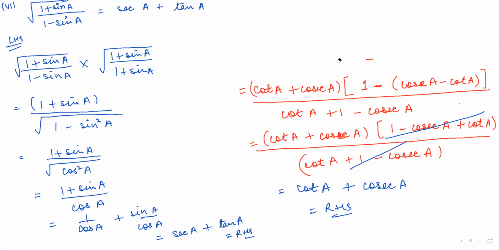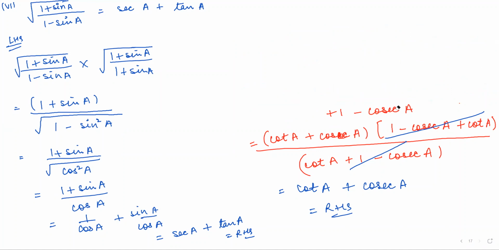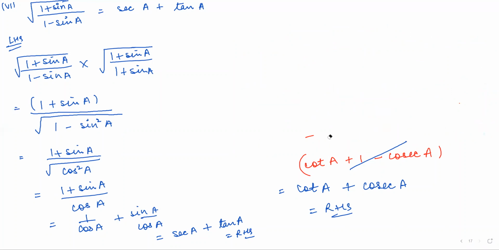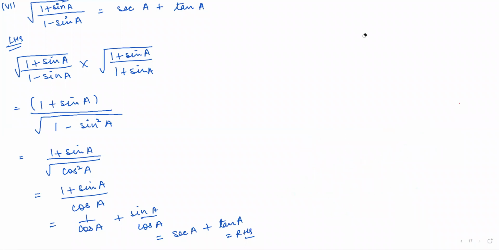Can you explain the rationalizing again? Okay. Yeah, actually I've skipped a few steps here. Now look here. So this step is fine, right? I'm multiplying and dividing by the same number.